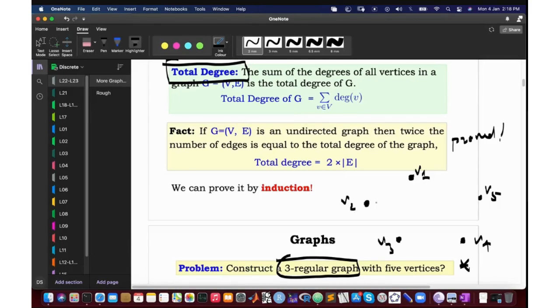So how do I construct a graph where every vertex has 3 neighbors and there are 5 vertices? Can anyone think of a way to do this? So these are my vertices. We'll make a pentagon.